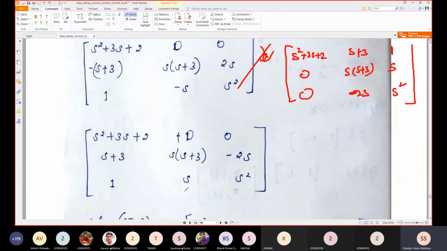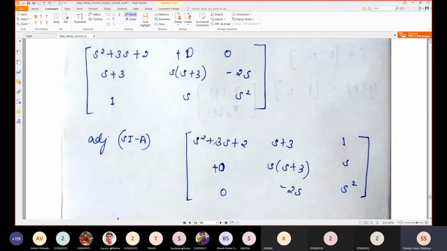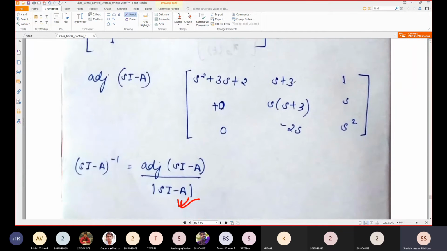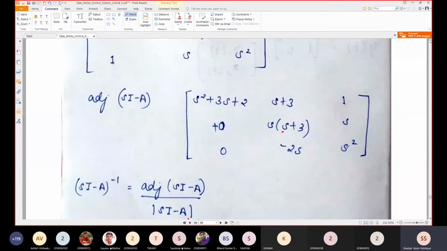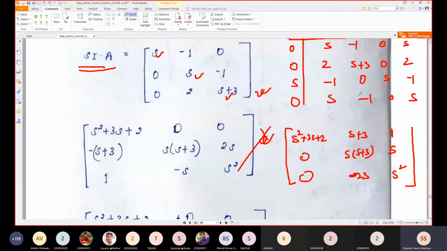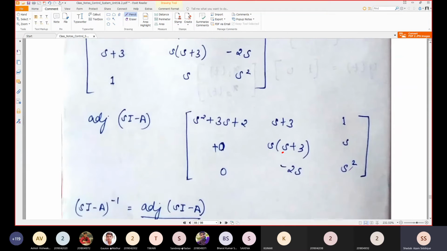So the matrix we were calculating: we are getting s square plus 3s plus 2, 0, 0; s plus 3, s into s plus 3, and minus 2s; again we are getting minus 1, s, and s square.